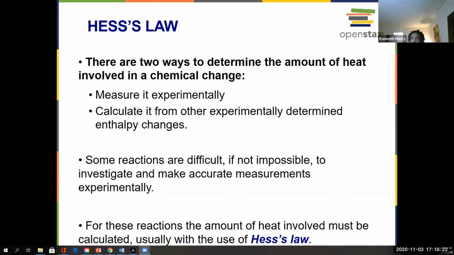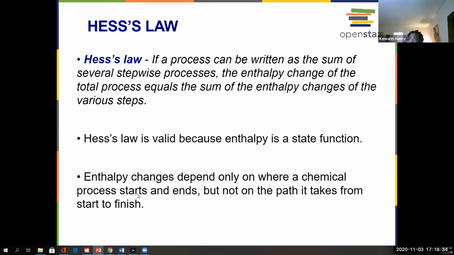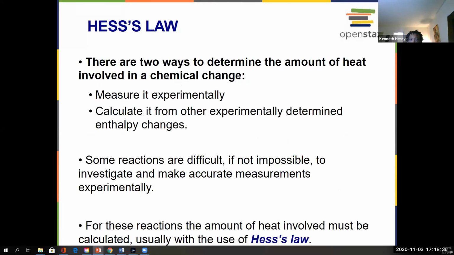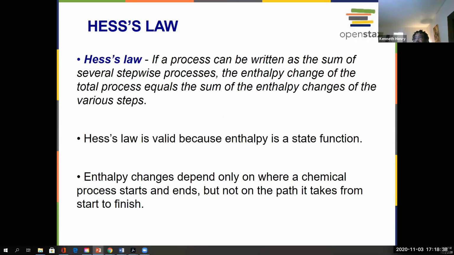And so that's when being able to add up the sum of your different reactions will make it a lot easier to do the calculation. Hess's law is also a state function. Basically the state function just says that we can add it up to get there, or we can go there directly.